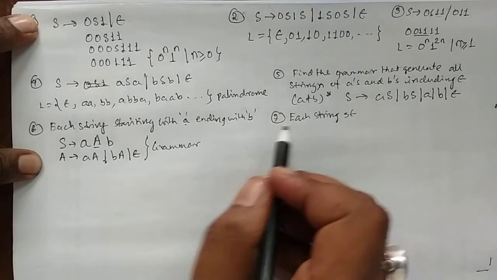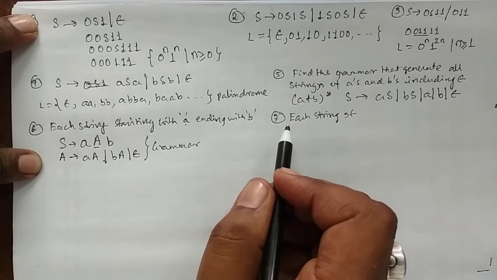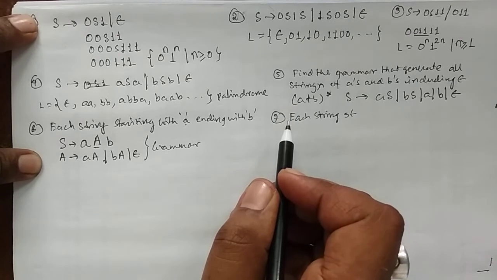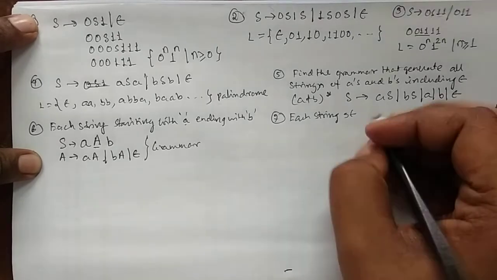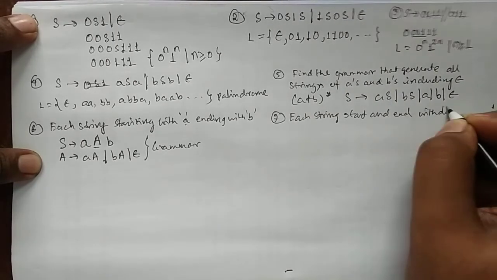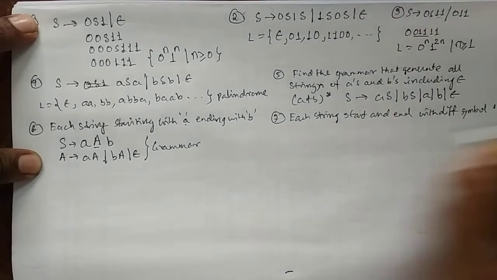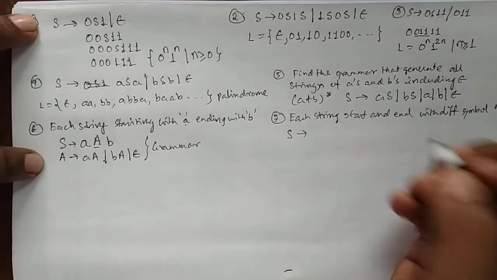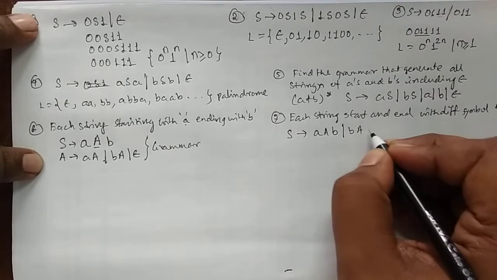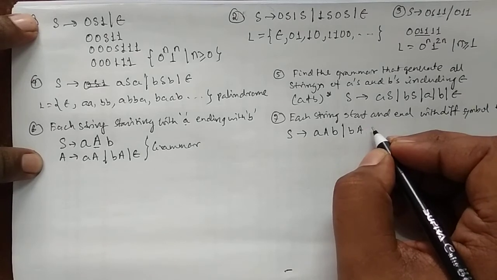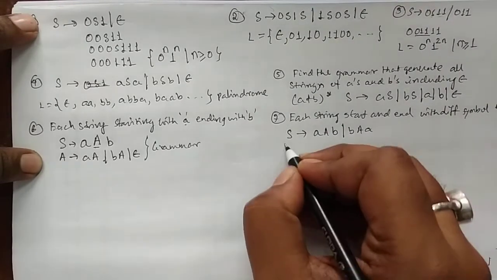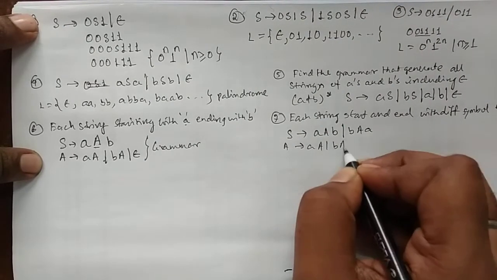So in this case, if it is given to find the grammar where each string starts and ends with a different symbol, let us consider it starts with A and ends with B, or it starts with B and ends with, suppose, A. It may be whatever the symbol, and where A is nothing but this one or this one or this one.